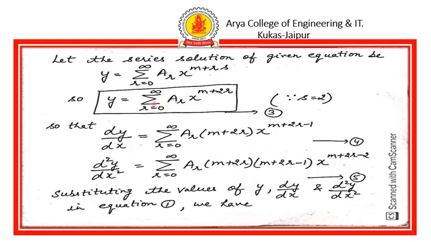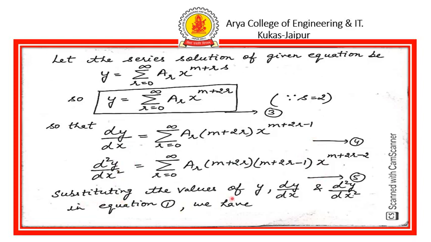Here we see that summation r equals 0 to infinity a_r is independent of x. So we calculate the differentiation of x to the power m plus 2r in calculating dy by dx and d2y by dx square, given by equation number 4 and equation number 5.